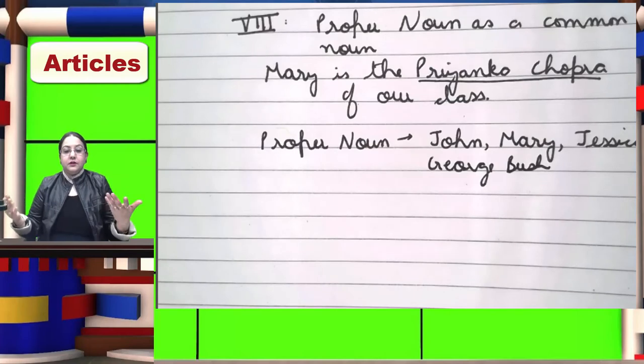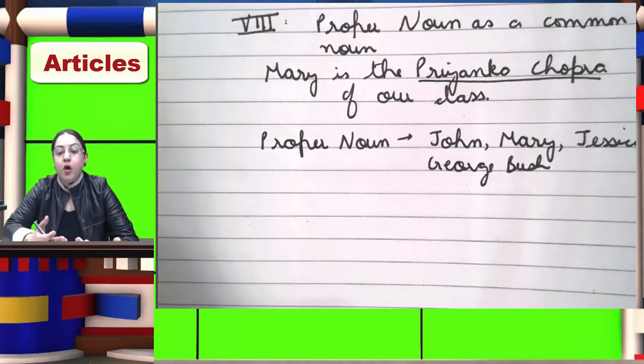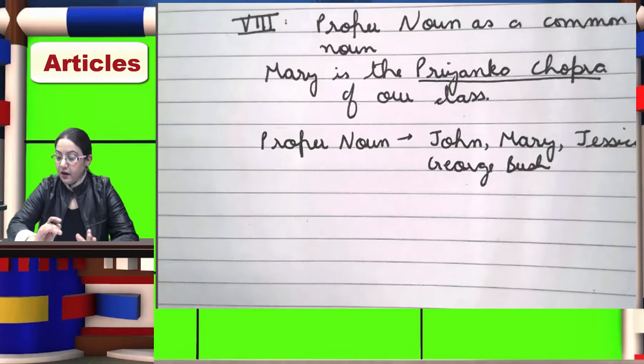With the names of all these proper nouns, we do not require any article. We never say the Narendra Modi, the Prime Minister of India. We never say a Narendra Modi. We never say an Narendra Modi. So whenever we are talking about proper nouns, we are not using any articles before them.